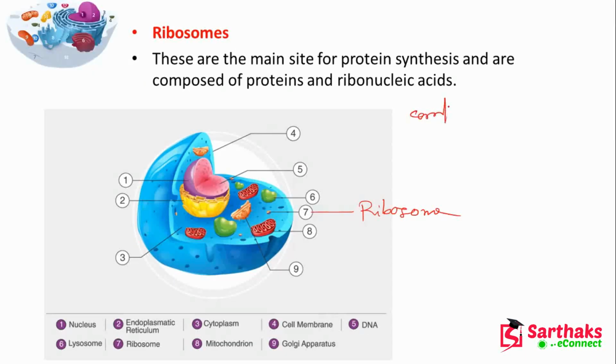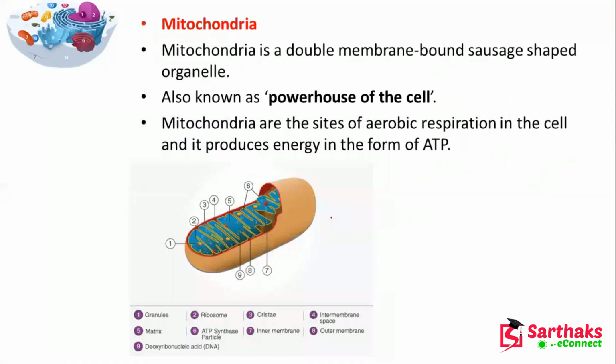So it is composed of one thing, the protein, and another thing, the ribonucleic acids. The main function of the ribosome is protein synthesis, and it is composed of proteins and ribonucleic acids.